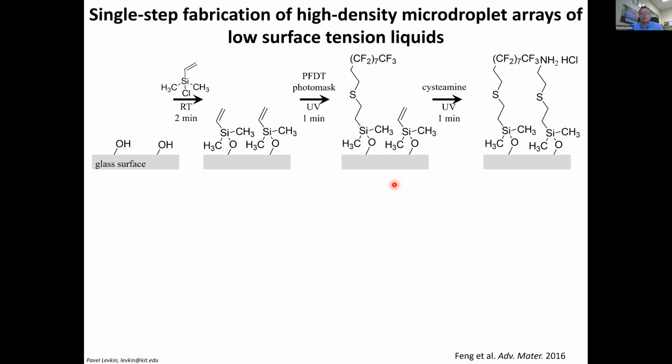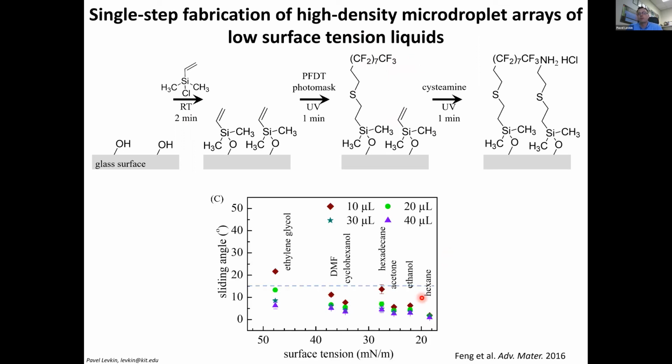So we use quite simple chemistry: we functionalize a glass or silicon surface with a monolayer of silanes containing vinyl groups. Because of the reactivity towards thiol-ene reaction, this substrate can then be modified with different thiols, either fluorinated or hydrophilic, to make patterns. And if we use fluorinated thiol, then we found that indeed the surface becomes omniphobic, which you can see here.